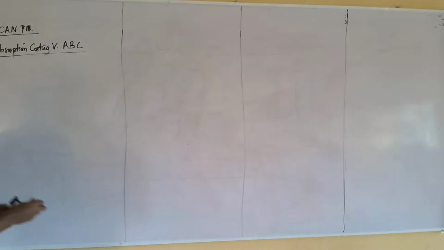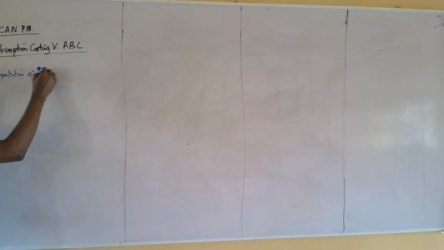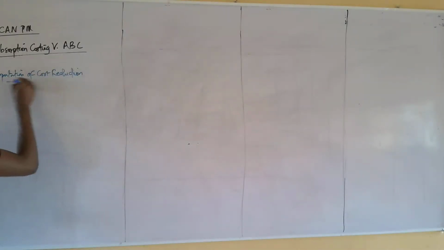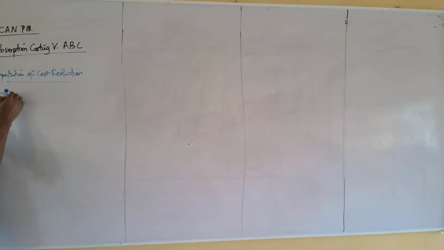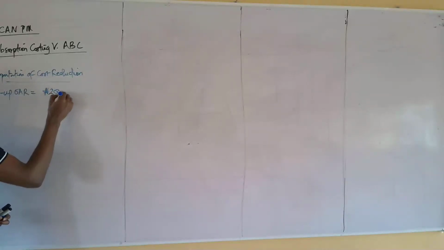So we'll just do the computation of cost reduction. The first one is setup, right? So we calculate setup OAR, overhead absorption rate. Is the full setup cost 200,000? Yes.